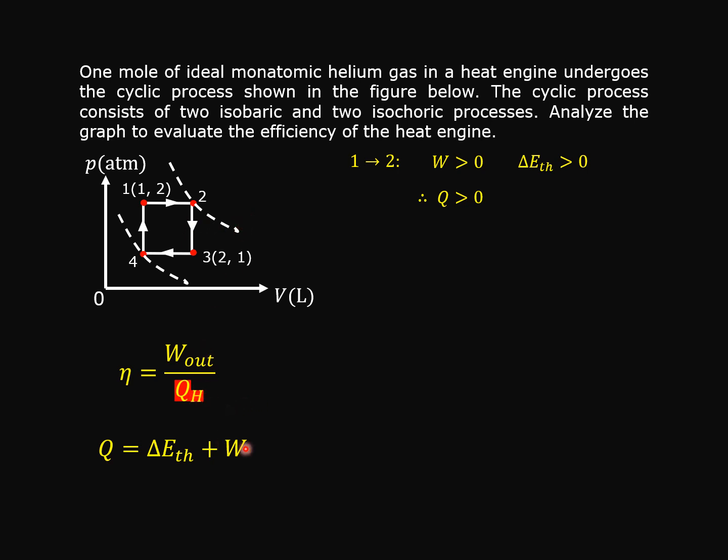To analyze that, we need to apply the first law of thermodynamics, which is Q equal to delta E_th plus W, where delta E_th is the internal energy change, W is the work done, and Q is the heat. For the process from state 1 to state 2, which is an isobaric expansion, the work done by the gas is positive because this is an expansion.